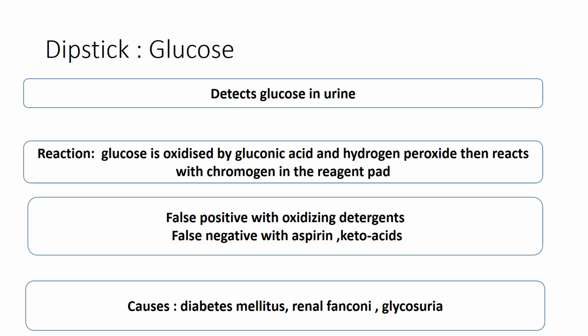And then obviously the major cause of glucose in urine would be diabetes mellitus. So an overspill where the serum glucose has gone up, the transport maximum of the proximal tubules is surpassed, so you end up with a spillover of glucose.